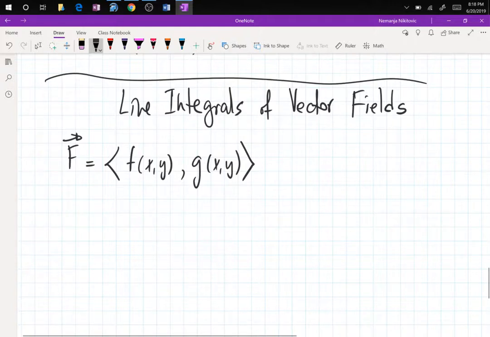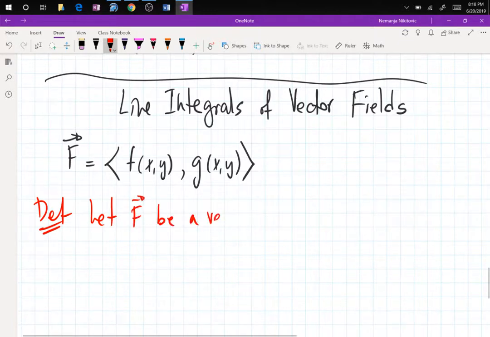Now, can we calculate a line integral? Yes. Here is the definition. Let F be a vector field. Make sure you put the arrow, because without the arrow it is the antiderivative from Calc 1.